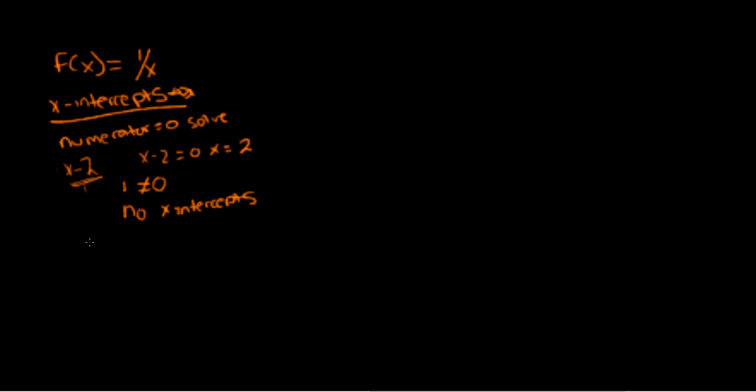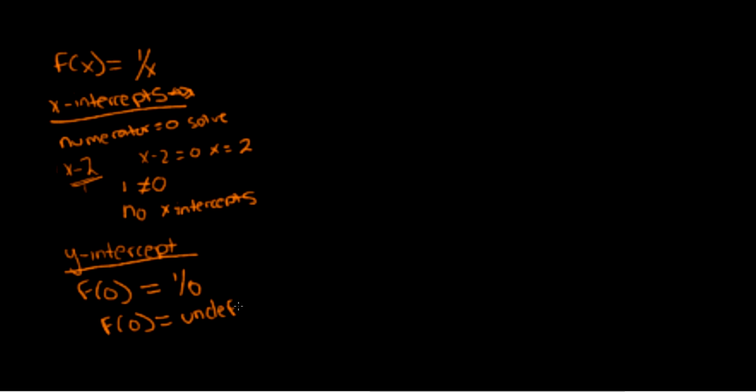Okay, it's kind of messy. So how about our y-intercept? Well, we get our y-intercept by making x equal to 0. So f of 0 is equal to 1 over 0. f of 0 is undefined, so there's no y-intercept.